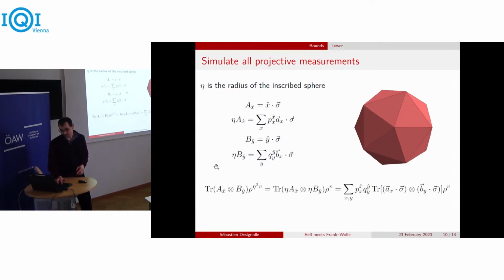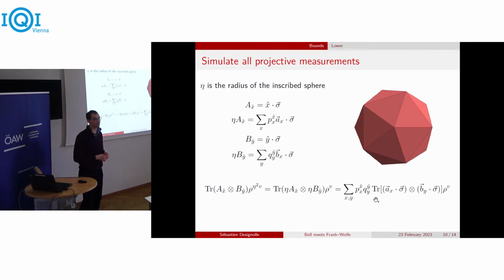Then, when you write down explicitly your probability and add to the visibility an extra factor eta squared, you can move the eta squared to the observables A and B, and then use the decompositions from before, so that if you have managed to get a decomposition for this point here, then you have something for the infinite scenario. This is a nice algebraic step that I'm happy to take questions on when there are such.